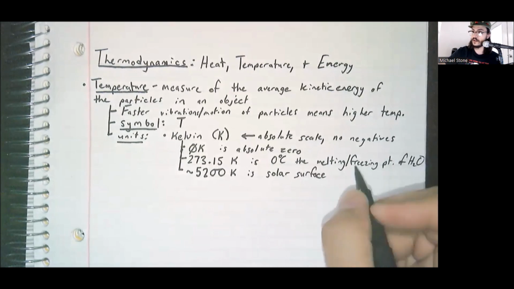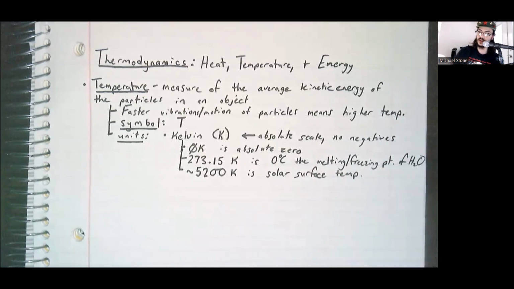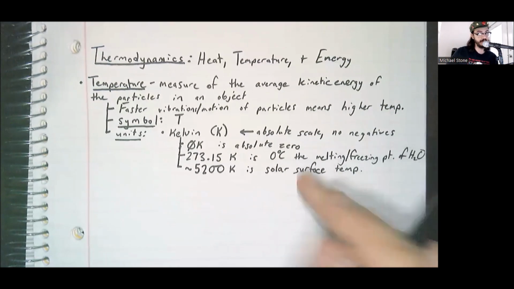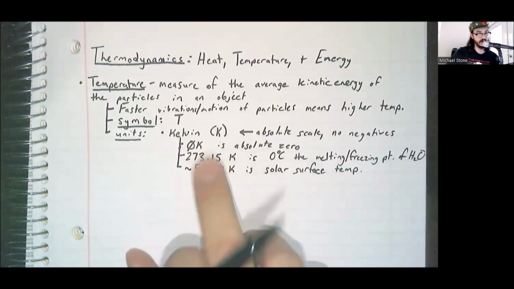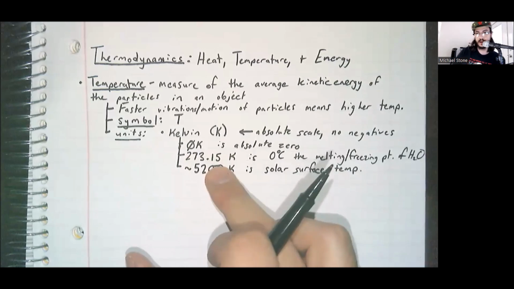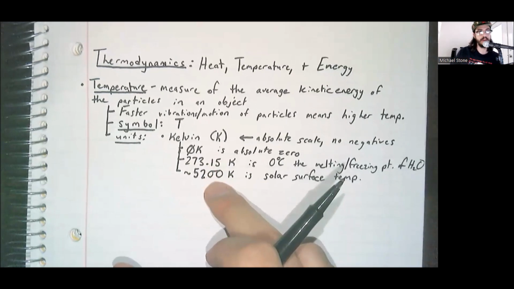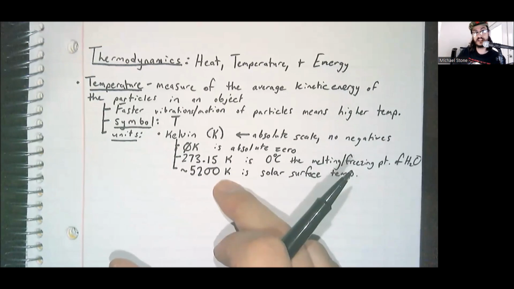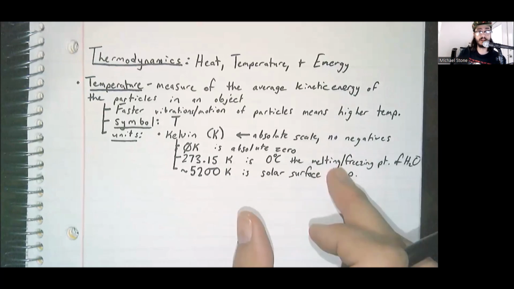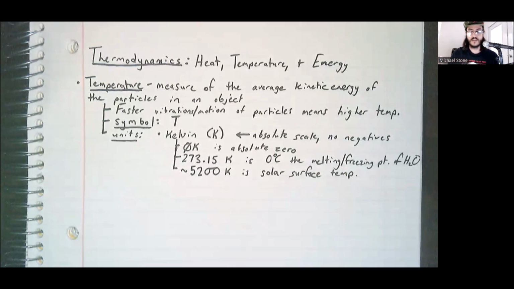Of course, the sun is a white hot object, so it glows with white light. And in fact, if you could get anything up to this temperature, it'd start to glow white, as long as it was acting like a black body radiator. So if you had a piece of metal that could withstand that temperature without melting, if you got it up to 5,200 Kelvin, it would glow white and give you more or less the same spectrum as the sun, minus the Fraunhofer lines.